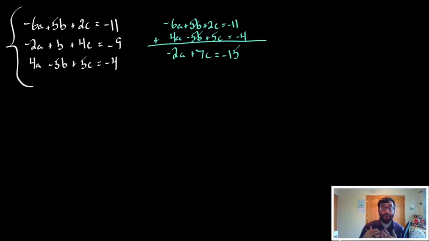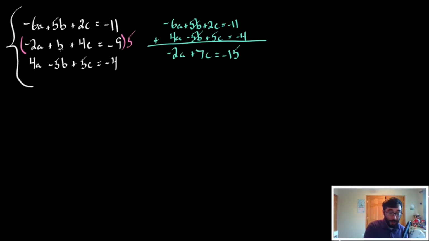So now I have a new equation, but I still need another equation, and I need to cancel out the B's once again to get that new equation. Now I used the first and third equations, so I can't use that combination again. You can either use the first and second or the second and third. I'm going to use the second and third because I'm going to multiply this second equation through by 5, and that's going to become 5b.